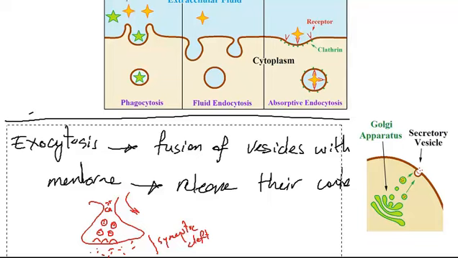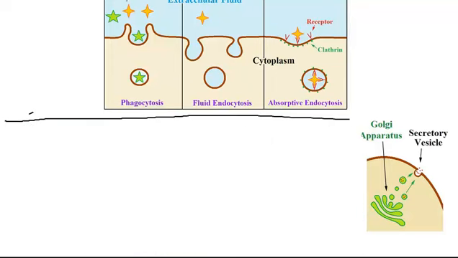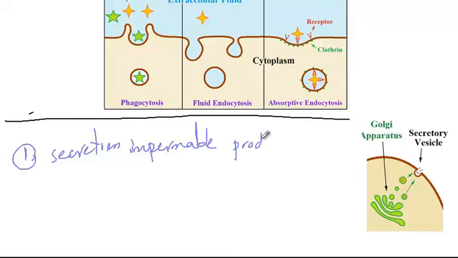And so basically the purpose of exocytosis is, one, it allows secretion of impermeable products, like for instance hormones can be secreted outside the cell.